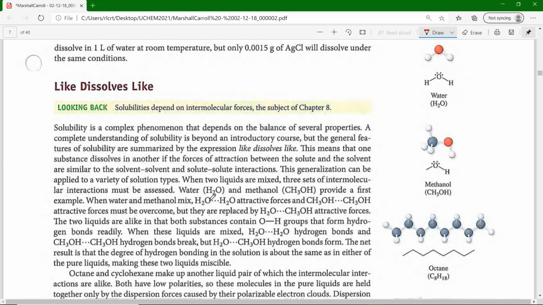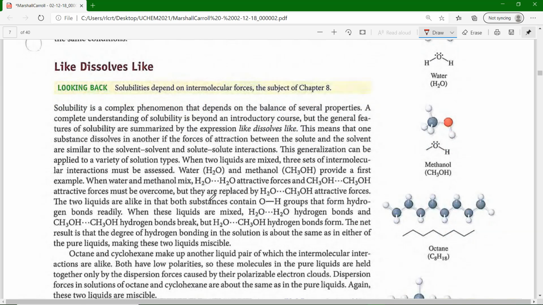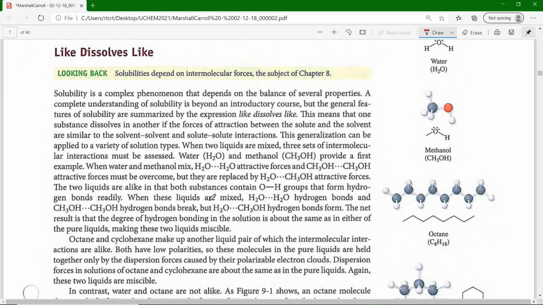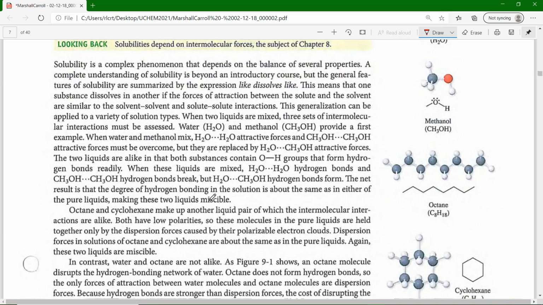Take a polar solute, it's not so easy to dissolve it in a nonpolar solvent. Okay? And like dissolves like means that the forces of attraction between the solute and the solvent are similar to the solvent-solvent and solute-solute interactions, which makes mixing easier than if you have way different kinds of forces.